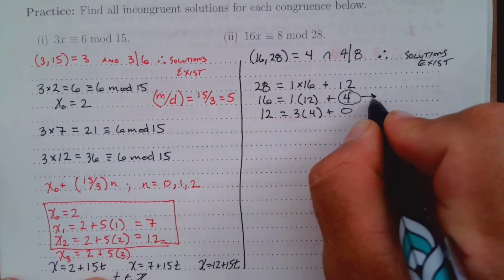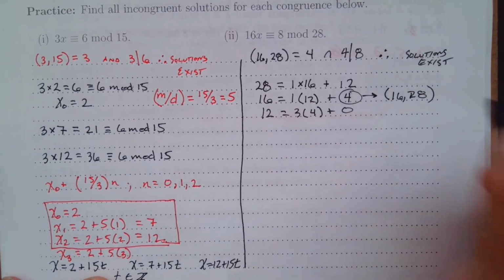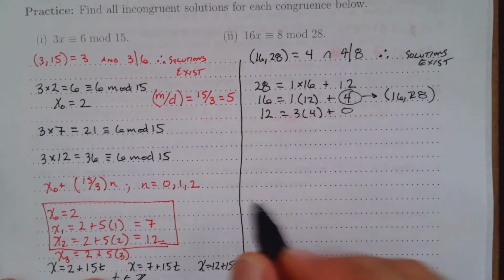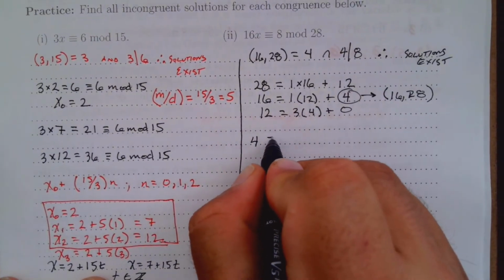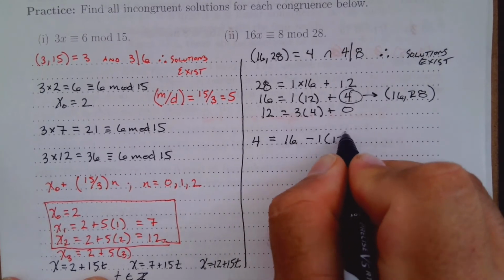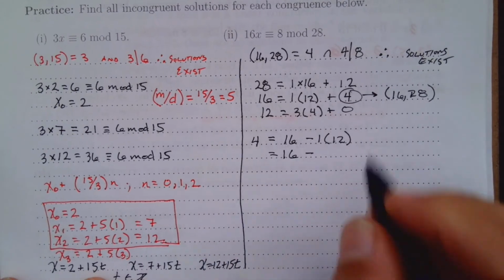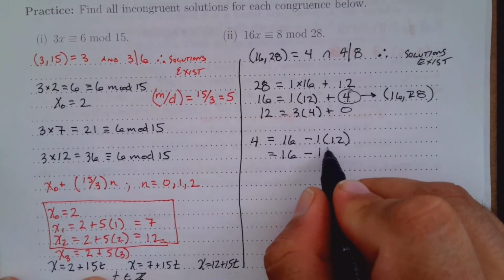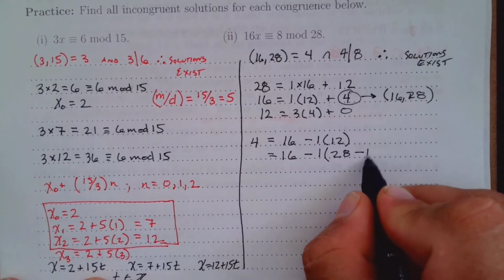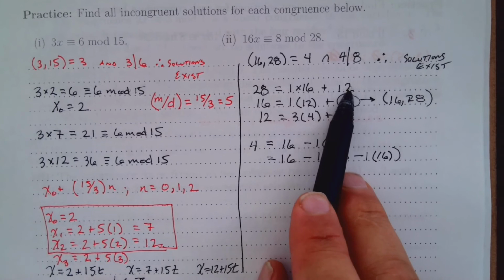So this is our greatest common divisor. Now, working backwards, we know that 4 is equal to 16 minus 1 times 12. And that's going to be 16 minus 1 times 28 minus 1 times 16, solving for 12.